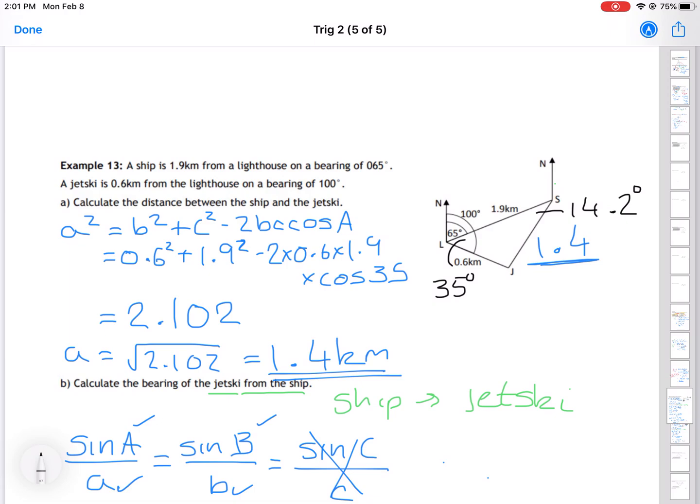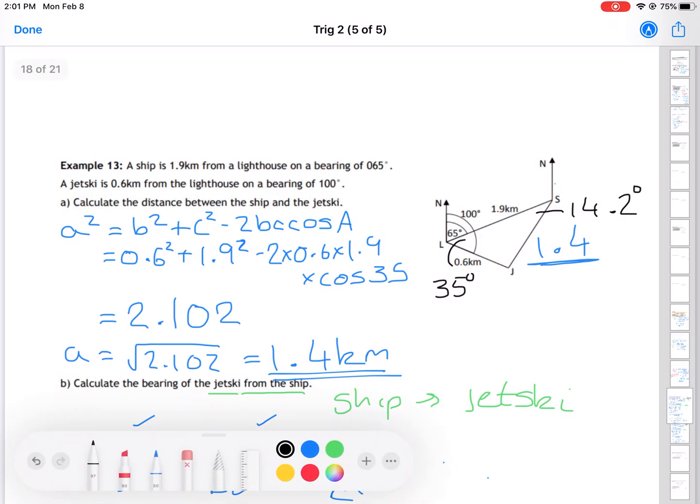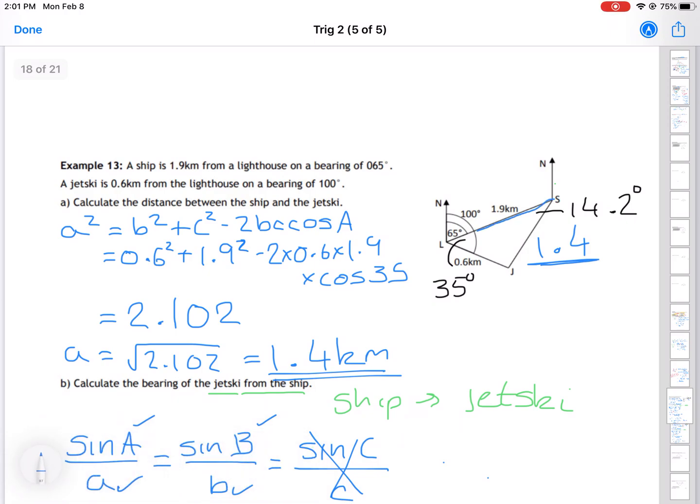Okay, so the next thing we need to look at is the fact that this diagram could extend down here, and we would actually create an F angle with the two north lines and the line going through the S and the L. Now on the other side of the angle 65, that forms a straight line with the angle beside it, meaning that we have 115 at this side here.